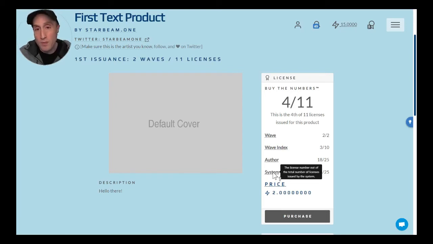We'll have tool tips and things of that nature. But the system index is all of the licenses that have been generated for this system for all time, right? And there have been 25 licenses created in this system, and this is the 18th of that. So hopefully you can see there are different ways of showing the indexing or the position of this license within all the licenses ever generated, right?